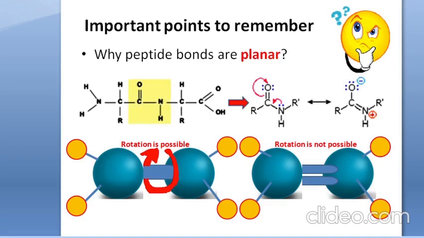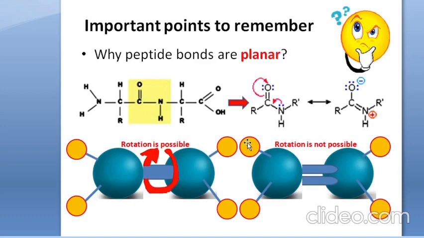But such things won't happen in the case of peptide bonds, because in a peptide bond we can see partial double bond character between carbon and nitrogen. This is due to the delocalization of electrons in C double bond O and C bond N of the peptide group.